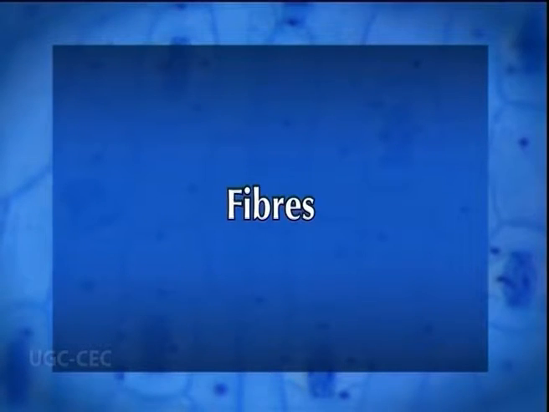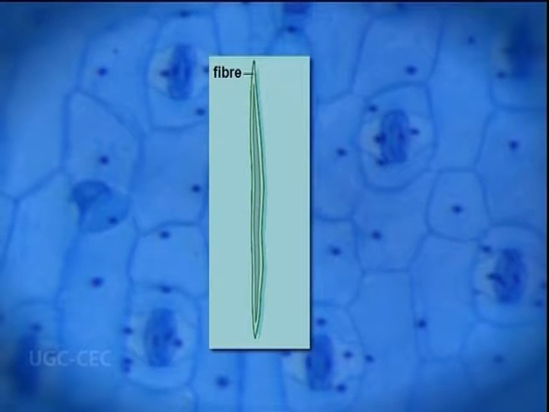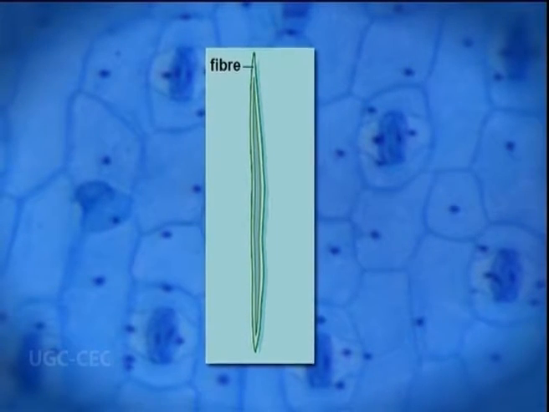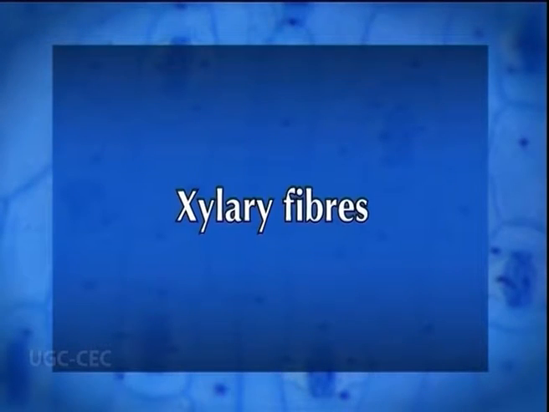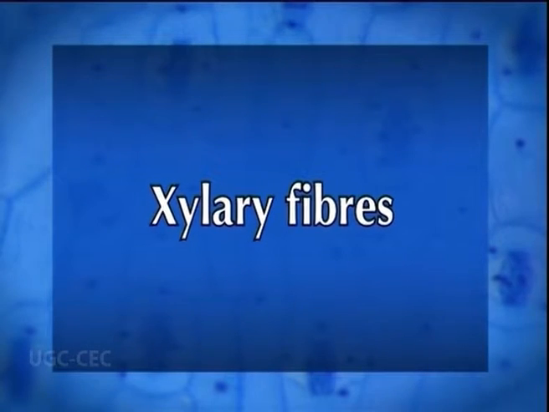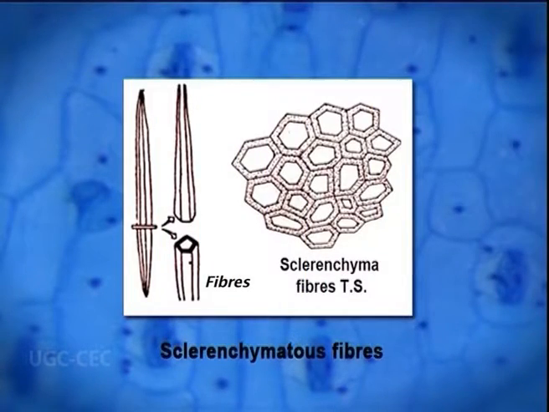Now, the second component of the primary vascular tissue, that is the fibers. Fibers are components of the xylem. Such fibers are called xylary fibers. Xylary fibers provide mechanical strength to the specified parts. These fibers consist of sclerenchymatous cells.